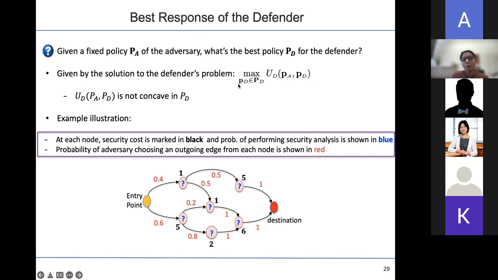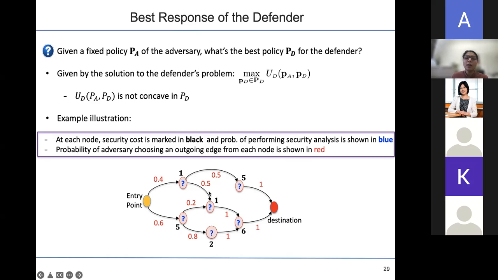So now it is just an optimization, but what we notice is that the payoff function that we have is not a concave function. So I'm also trying to demonstrate here using a toy example, what is this best response for defender. If you look at the figure below, the black values here denote the security cost for each node, the resource cost for each node.